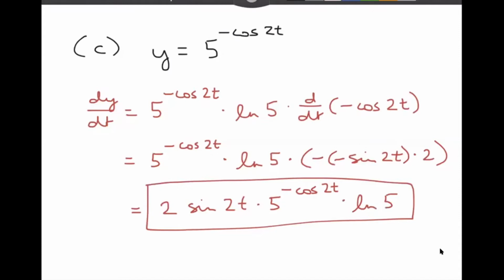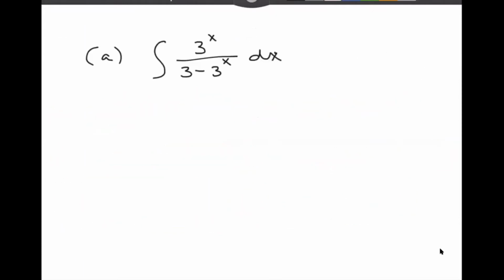Okay, let's see. And then we had a couple of integral problems, right? Starting with this one, the integral of 3 to the x over 3 minus 3 to the x dx. So this is a substitution. We're going to let u equal 3 minus 3 to the x.